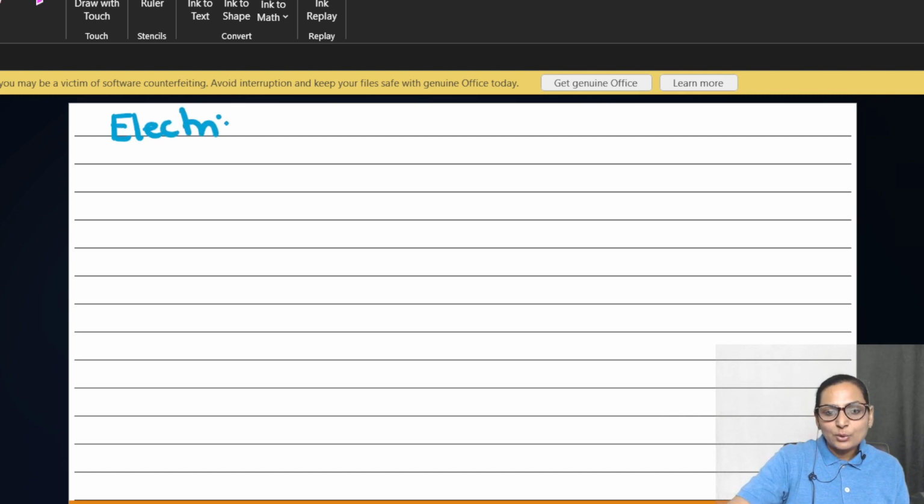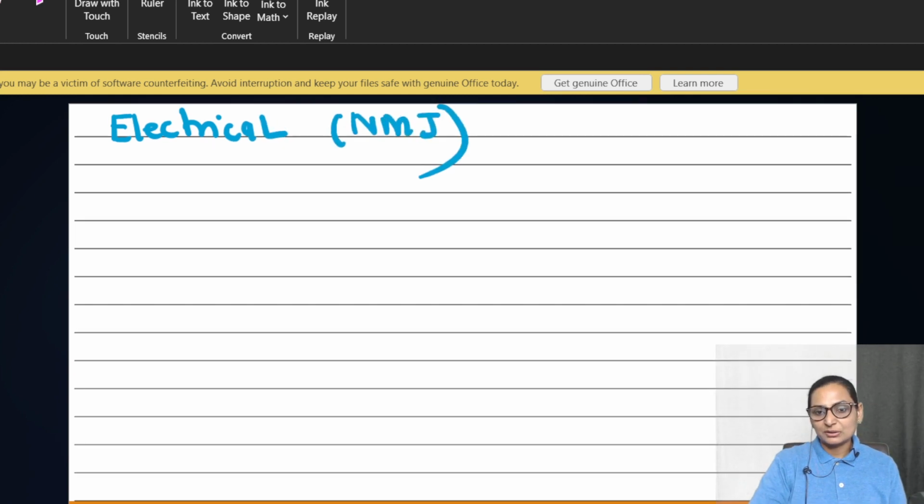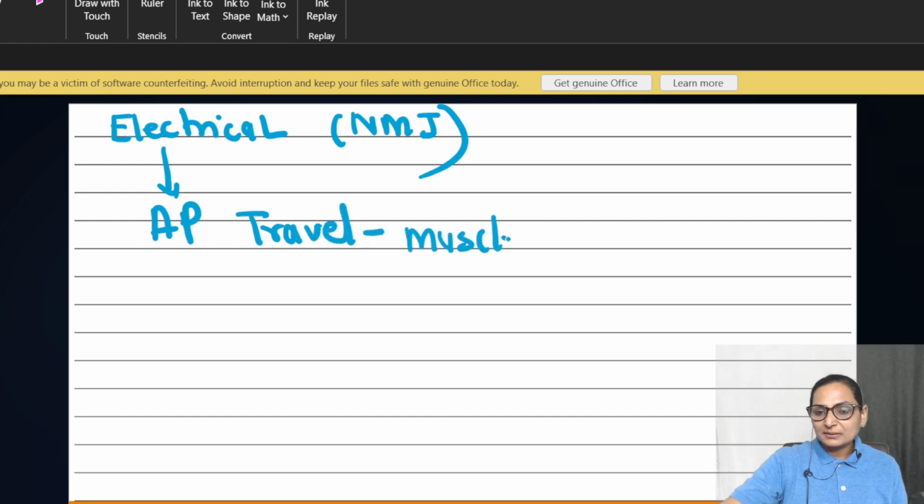some kind of an electrical event to take place at the NMJ, because we wanted to set up an action potential so that this action potential can travel all the way to the muscle, right?